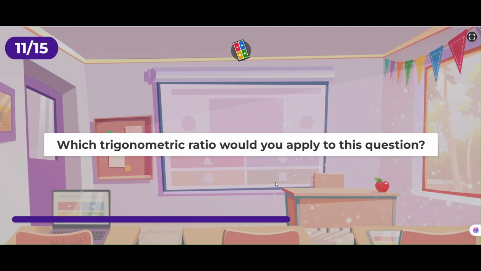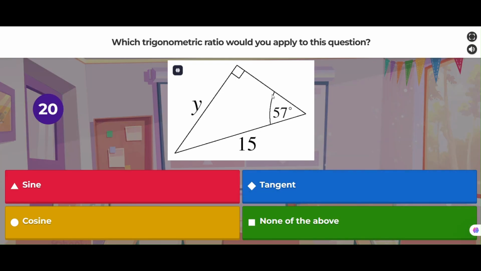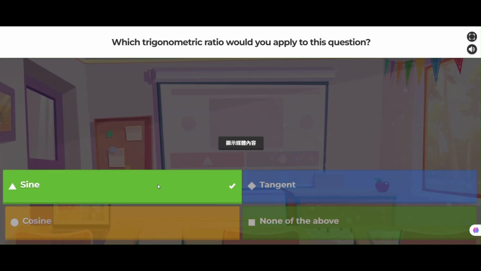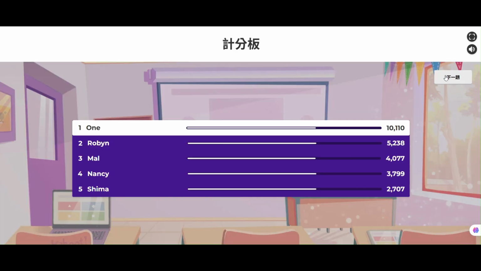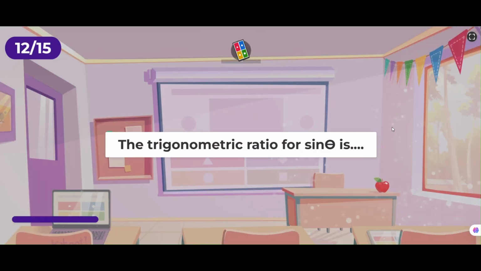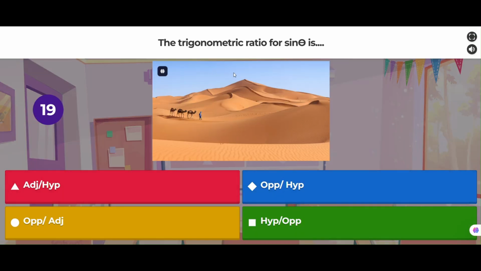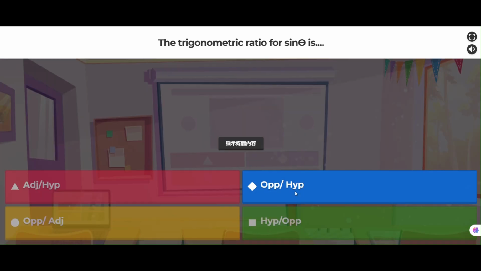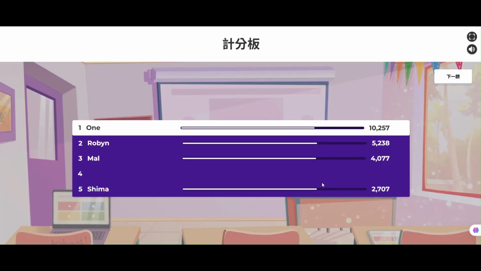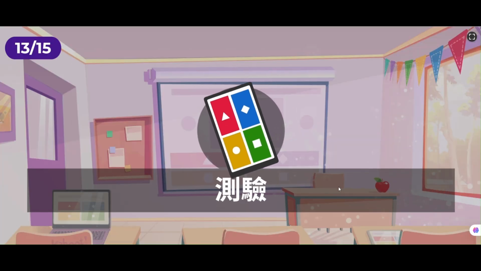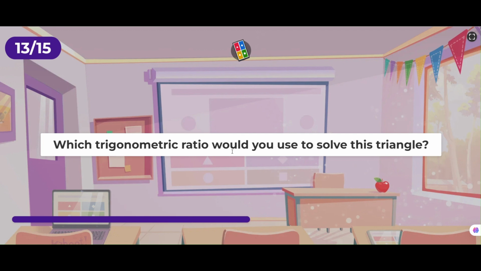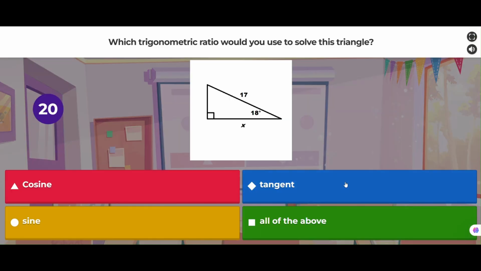Which trigonometric ratio would you apply to this question? We see the angle is here, the opposite side over hypotenuse. So it's sine. The trigonometric ratio for sine is opposite side over hypotenuse. Which trigonometric ratio would you use to solve this triangle?